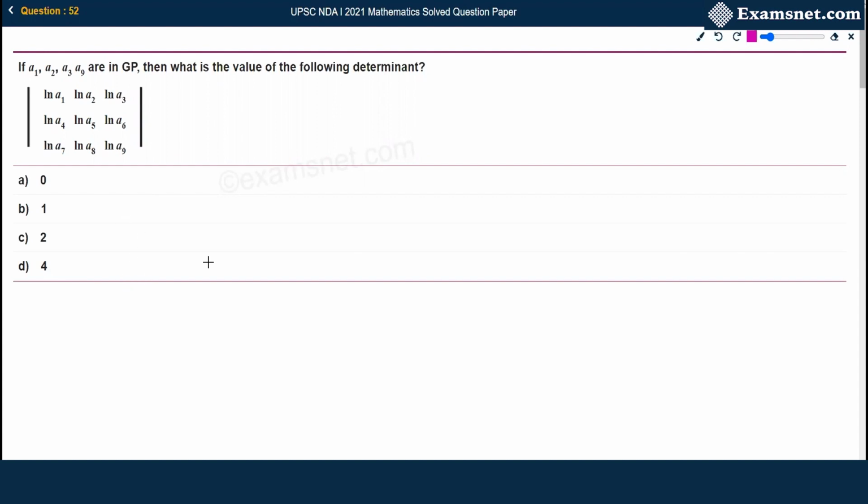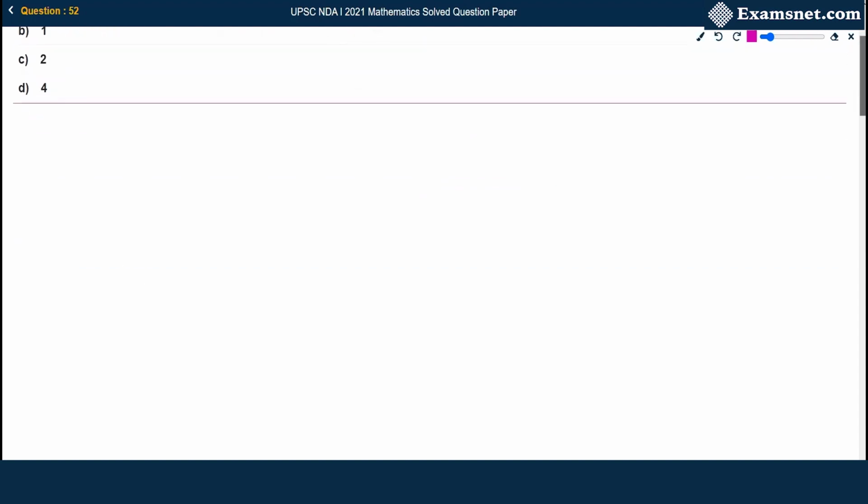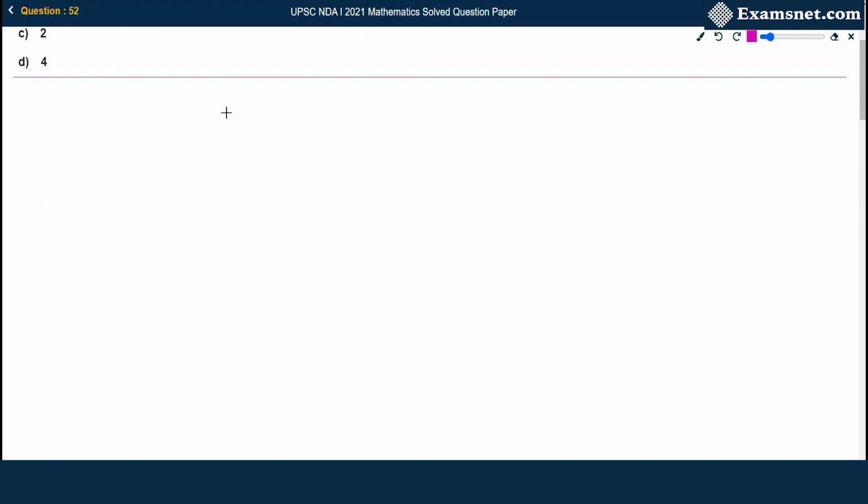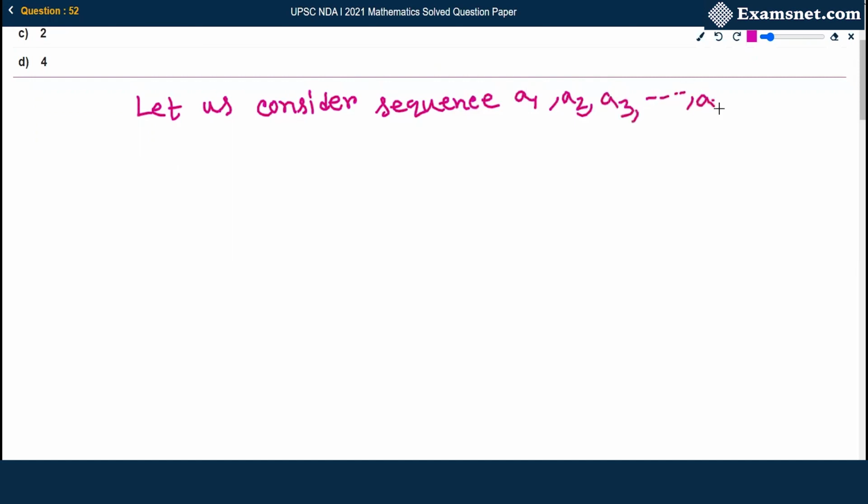So here, let us consider a sequence A1, A2, A3, and so on up to AN in GP. Fine. Now what happens in a GP, how does the pattern follow?